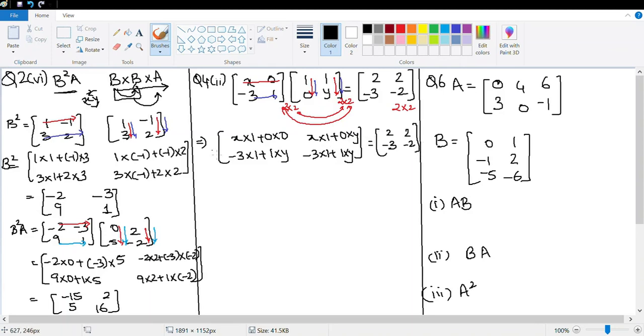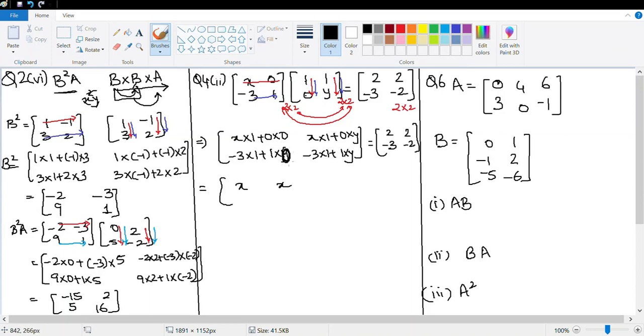Let's move on. So how would the multiplication work? This is x into 1 gives me x, plus 0 is 0. This is again x. This is -3 plus, this will be 1 into 0. That's a mistake that I have done. My mistake. So this will be -3 multiplied by 1 plus 1 multiplied by 0.